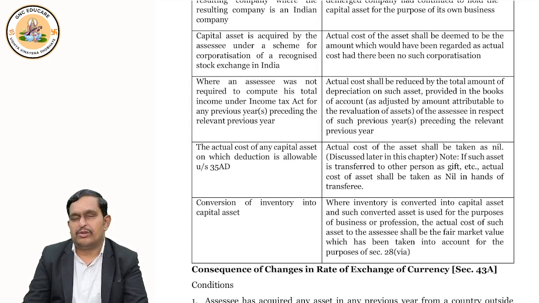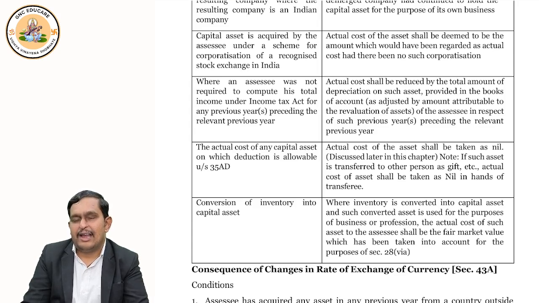Now some assets are mentioned under 35AD, like cold chain facility, affordable cold chain facility, inland container depot, cross country pipelines for petroleum and natural gas. So these are mentioned under section 35AD.